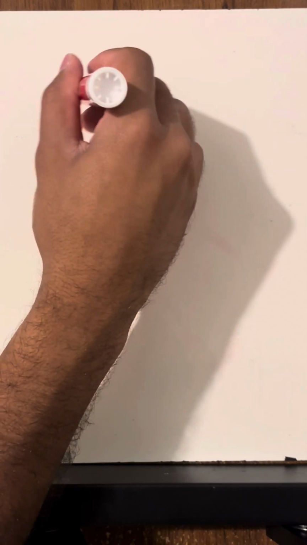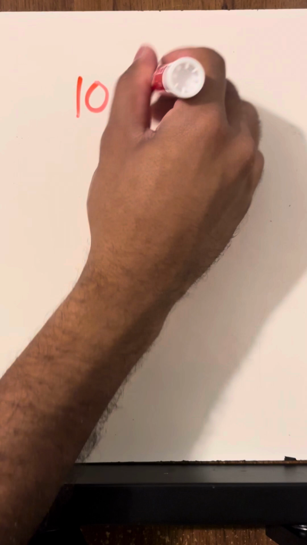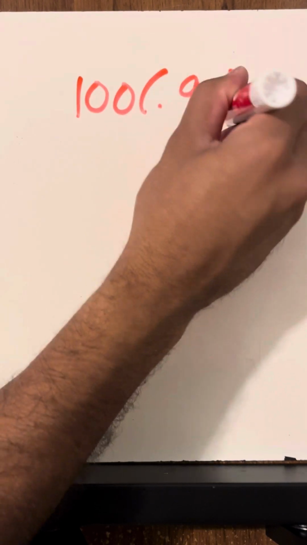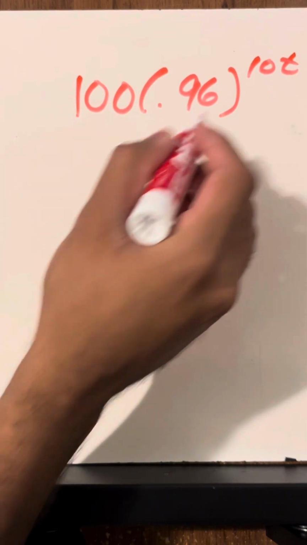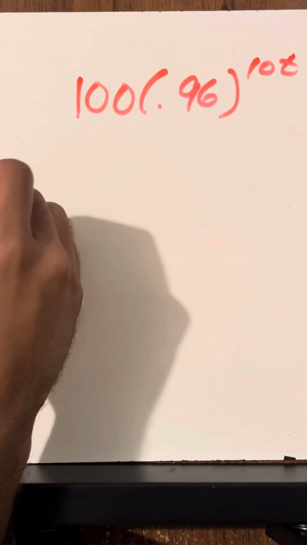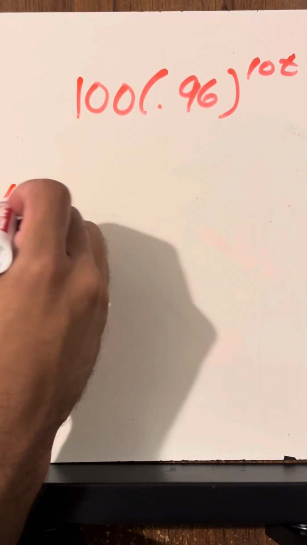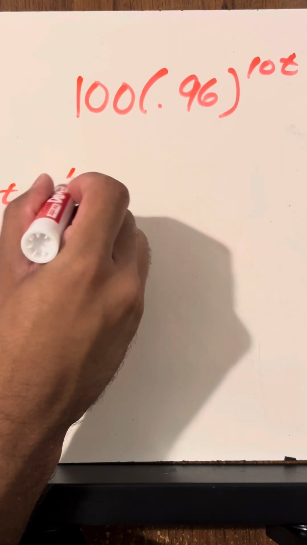All right, let's take a look at the next question. Similarly to the last one, we will use the same numbers, except here we will say 10t. Instead of t over 4, we will use 10t. Before we said that 1 over 4 times t is equal to t over 4.